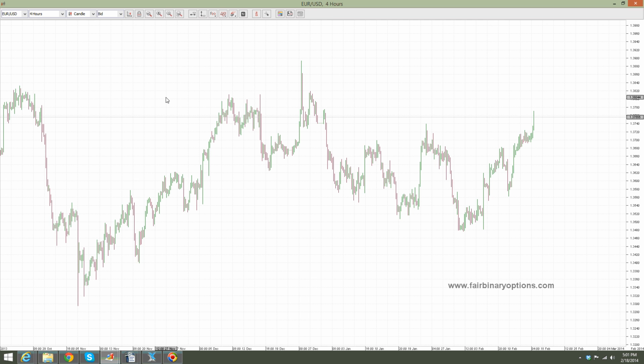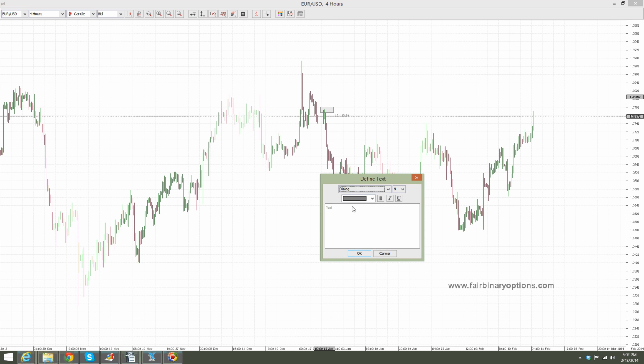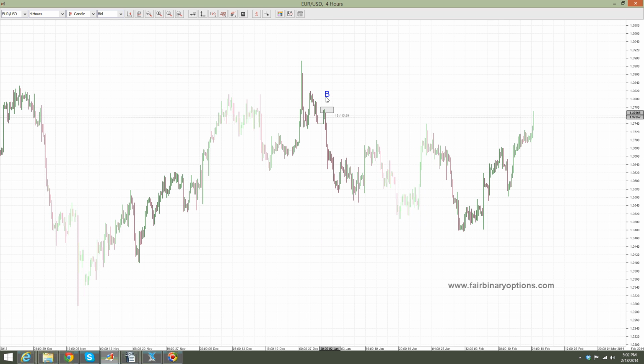What I would like to point out here is that even if these highs are going to be broken, as we are saying that this is our previous B wave, it doesn't mean that the contracting triangle is not valid anymore.